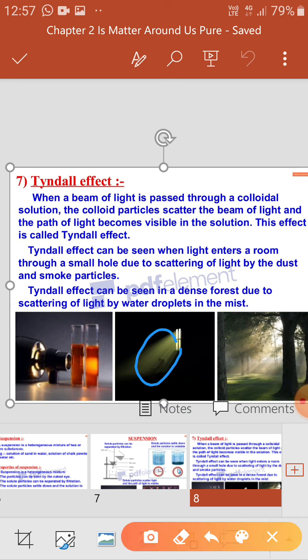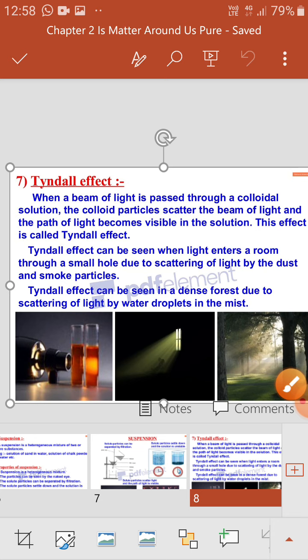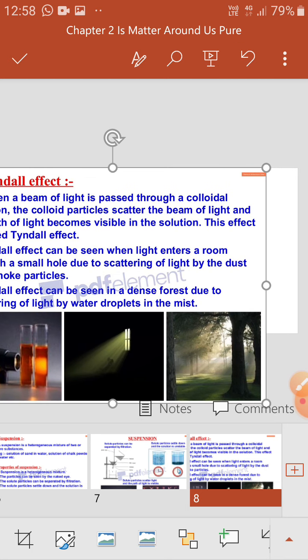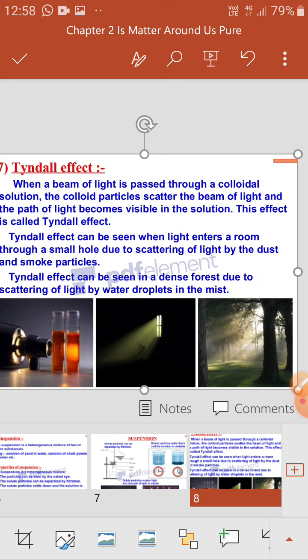Why? Because the particles at this place scatter the light. The particles present here scatter the light, and just because of that scattering we are able to see the path of the light, and this is known as the Tyndall effect. The same thing happens here also. In a dense forest, there are trees, and the scattering of light is done by the water droplets present in the mist.